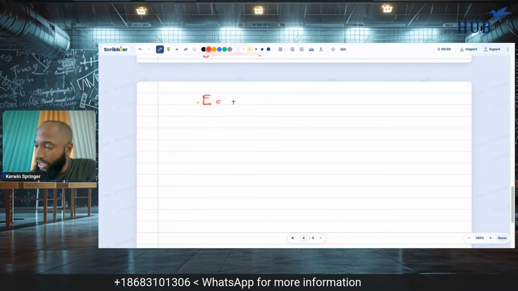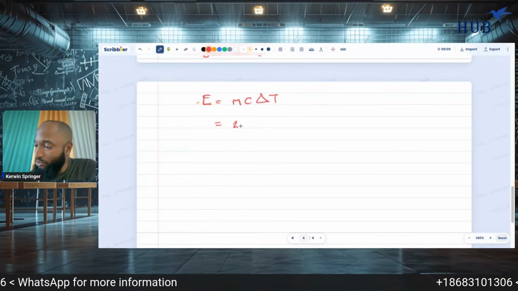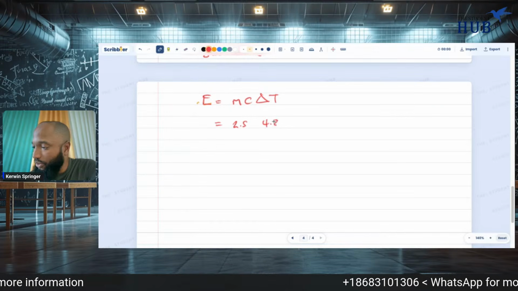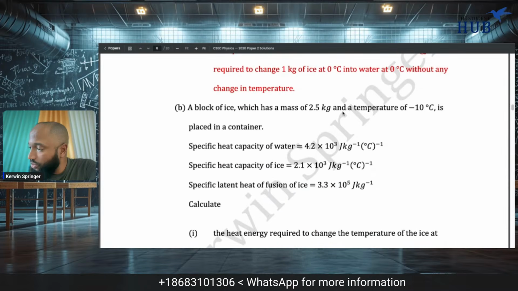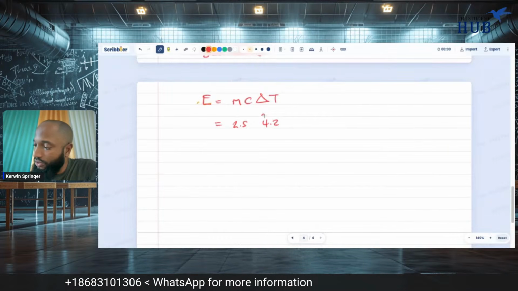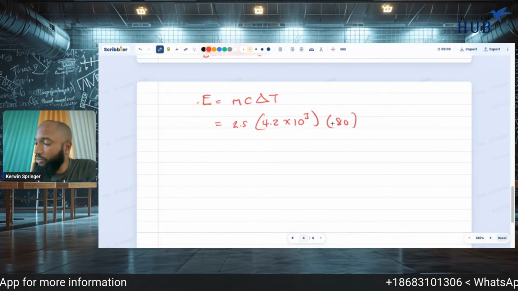So E is equal to mc delta T. This is 2.5, and what we had, 4.2, was it 4.2? Let's go back and find it. 4.2 times 10 to the power of 3. And the change in temperature is 80 because it went from 0 to 80.